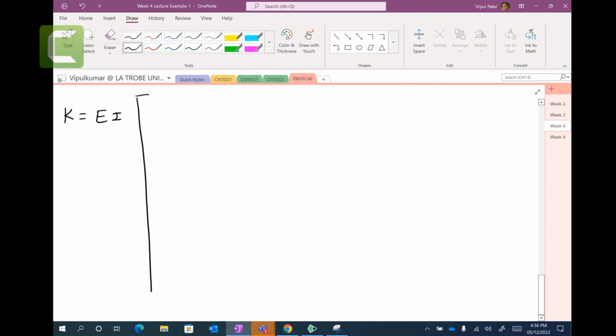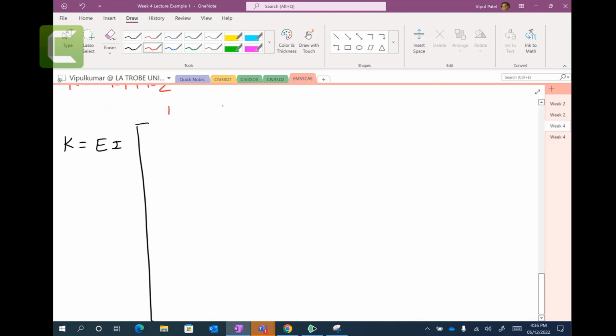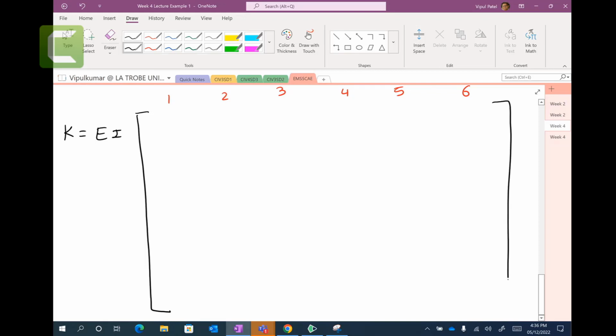From there, you can make 1, 2, 3, 4, 5, and 6 for rows and columns. There is a 6 by 6 matrix that you can put there.